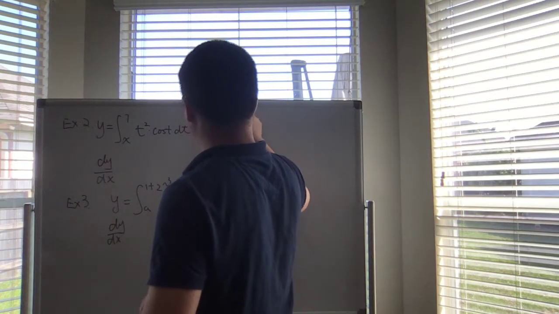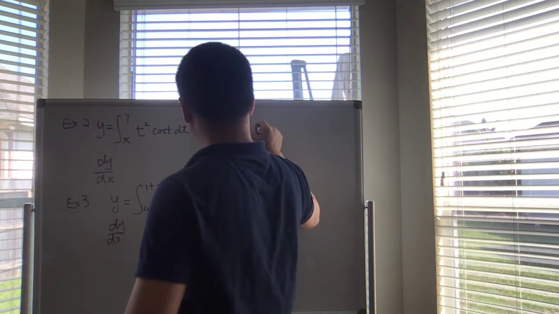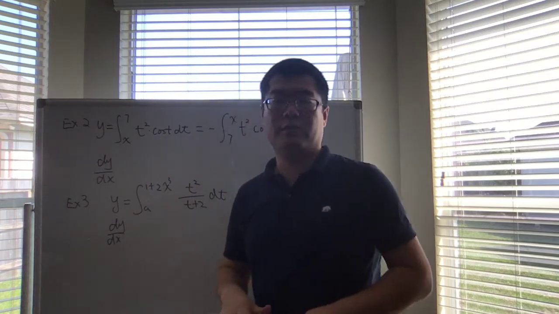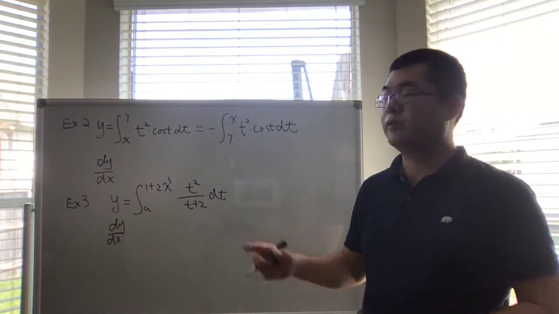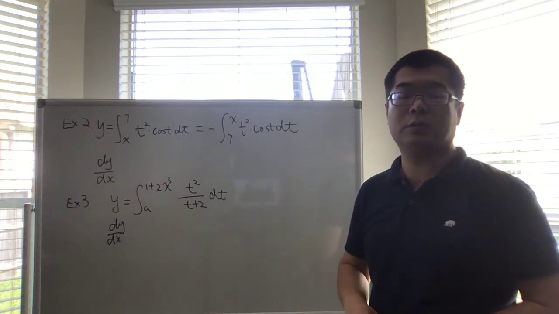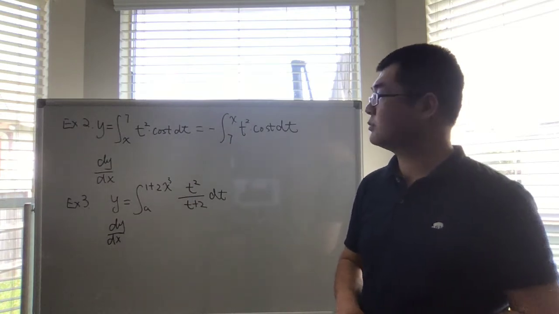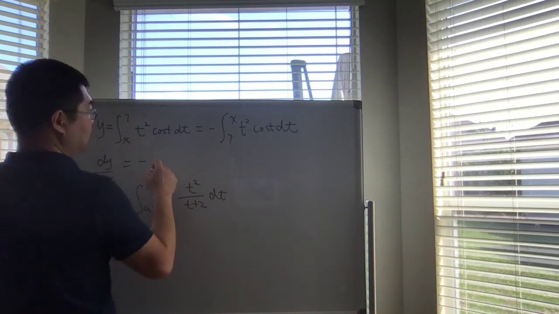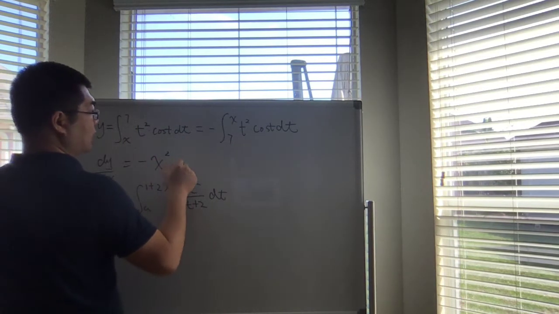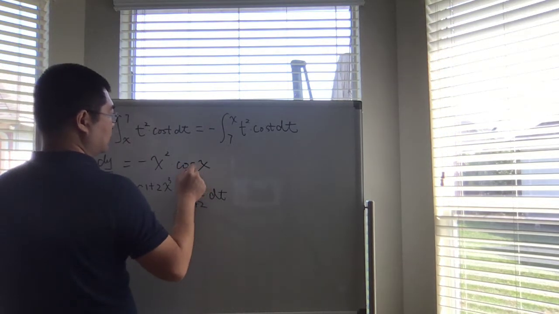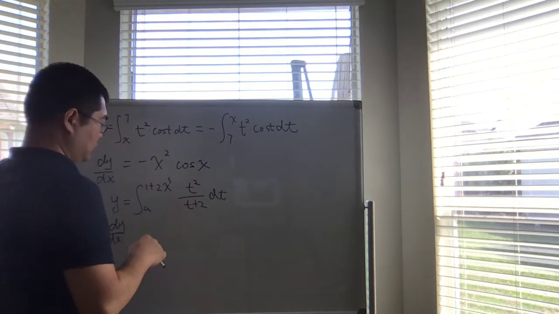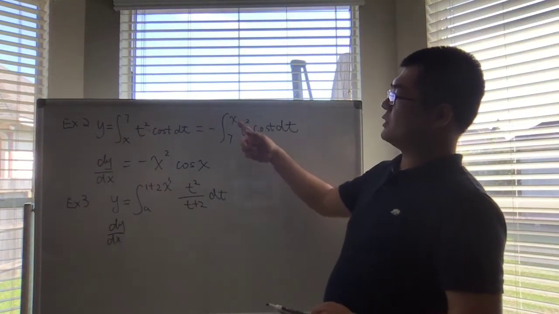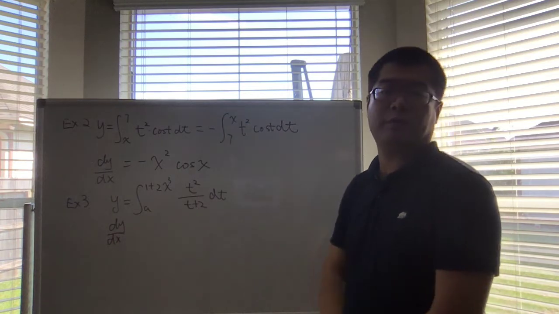This is the first property of the integral. If we have this, we can easily apply that theorem. So dy/dx is going to be negative x squared times cosine x. Okay, so this is the second problem, right? It must start from a constant to a variable.